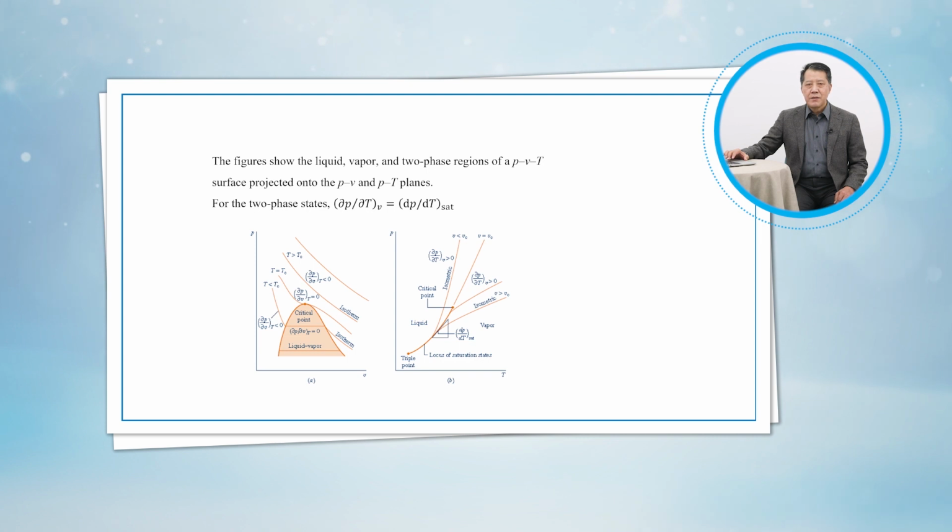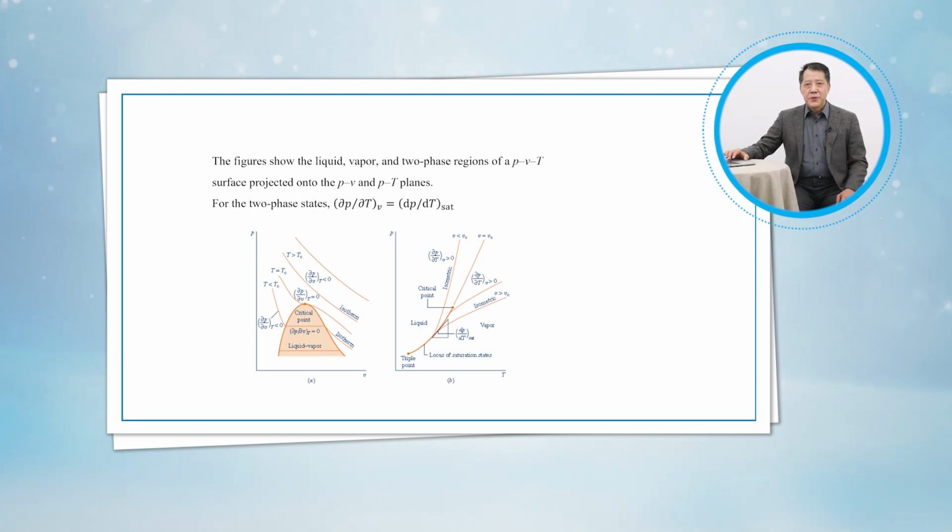The partial derivative vanishes there as well. For these states, pressure is independent of specific volume and is a function of temperature only. That is, P equals P_sat(T) at saturation.